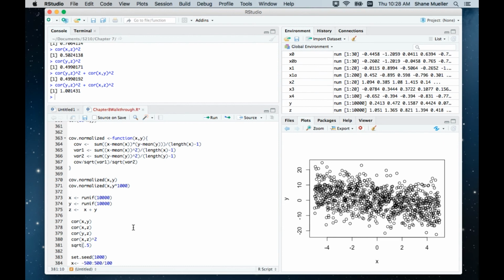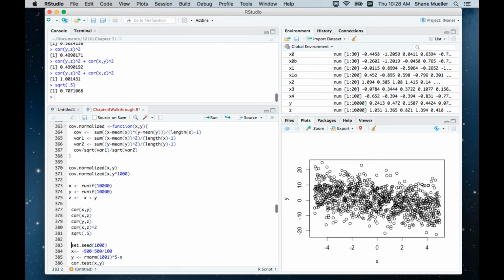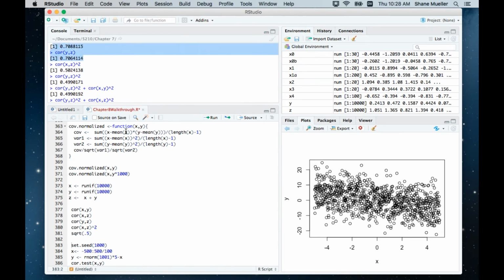And so the correlation squared, or r squared, really is a measure of the relative amount of variance accounted for by any variable with any other variable. If you take the square root of 0.5, you can see it's 0.707, which is basically the same as these correlations. So if you take these squared, you get 0.5.